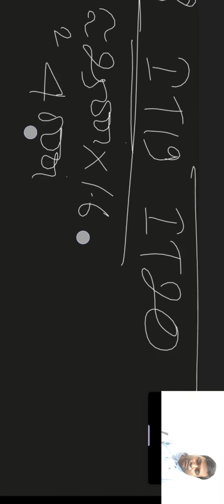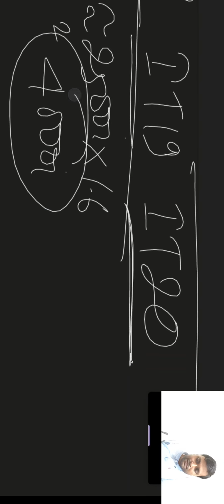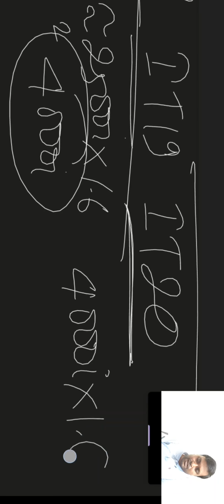Similarly, to get the value of IT20, multiply this 4000i by 1.6, and we will get 6400i.